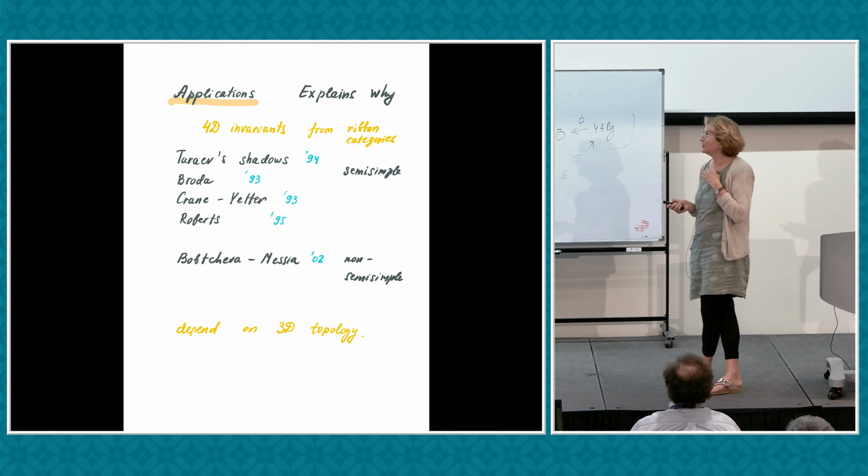This is because they were working with modular categories, which are factorizable. Also, if you work in a semi-simple setting, you will not detect any interesting 4D phenomena. So what we are looking for now are non-factorizable, non-semi-simple categories. This is where you can perhaps find out the strengths of these TQFTs.